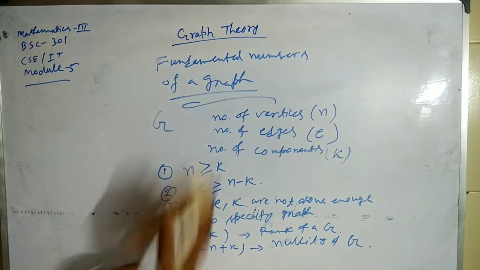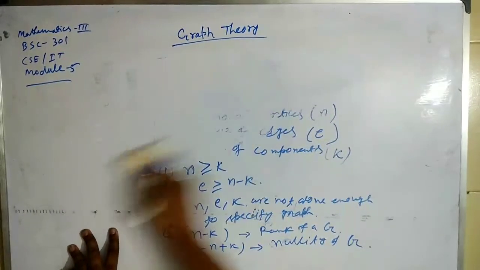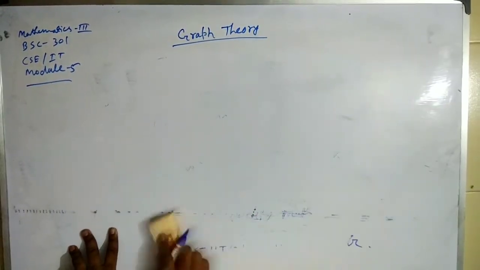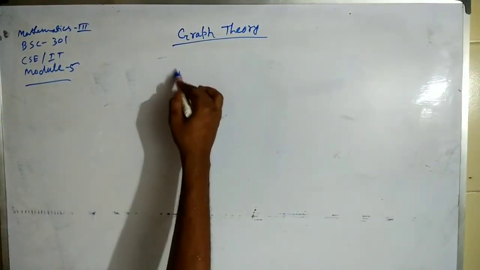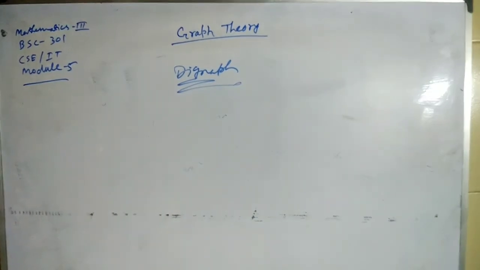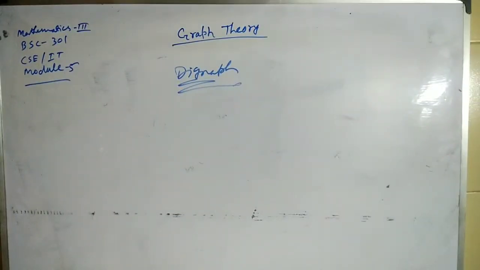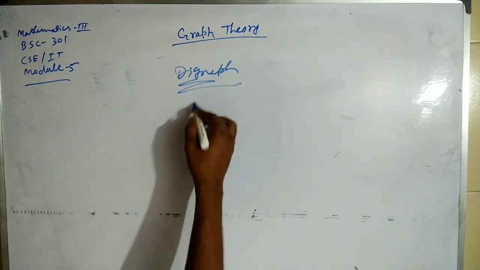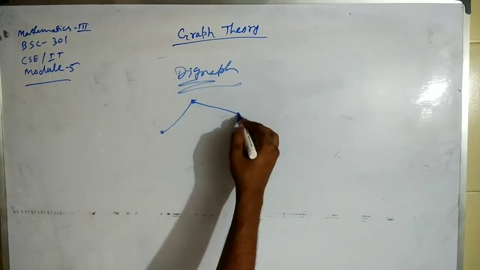So the next point I will discuss now is digraph or directed graph. So what is the difference between a graph and a digraph? Just simple. Directed graph means the edges in that graph will have some certain direction. Like, I am taking an example.